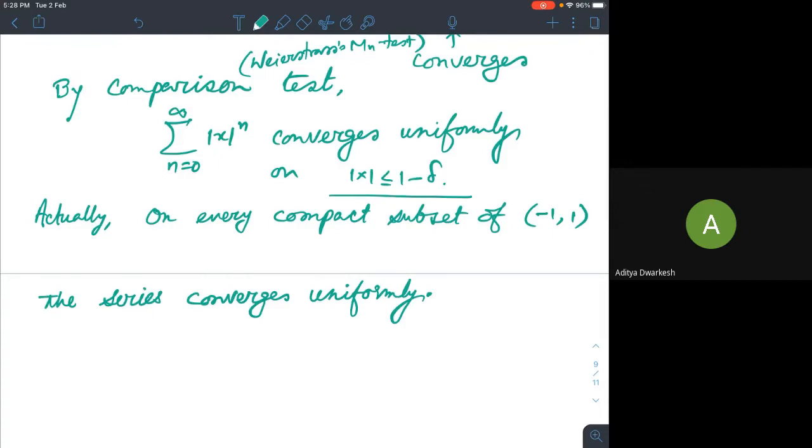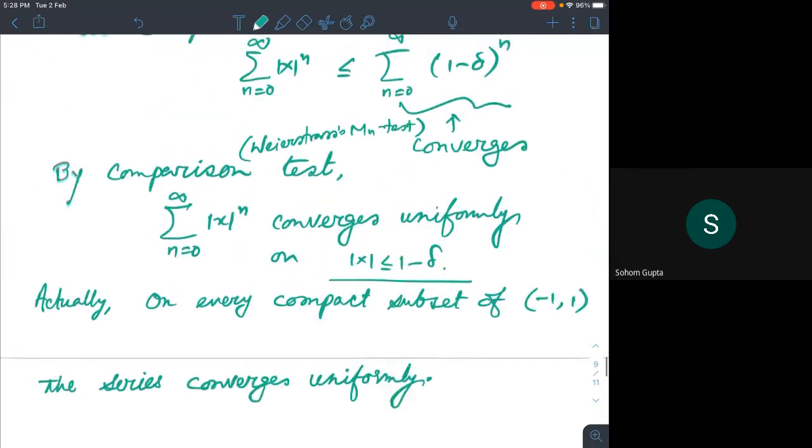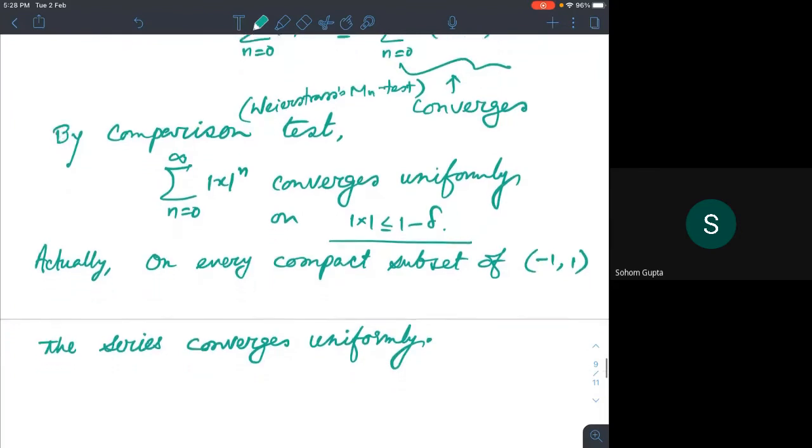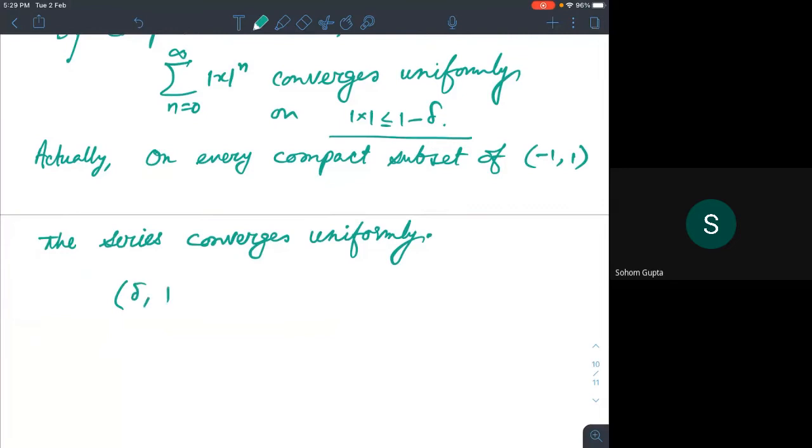Can't we say the same about open subsets of minus 1 comma 1? No, because minus 1 to 1 is also an open set. I'm not talking about minus 1 to 1, but a strict open subset of minus 1 to 1. Then you just close it up. Even for a strict subset, it is not true. For example, on delta comma 1, the series does not converge uniformly.